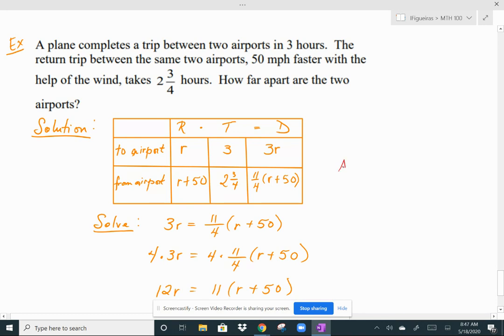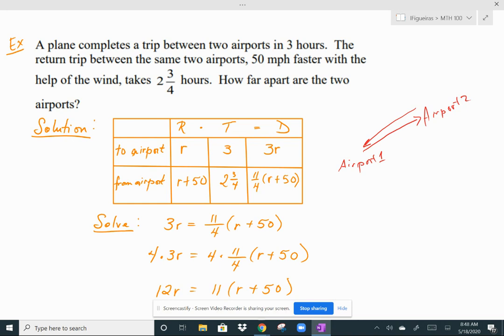So if this is airport 1, and this is airport 2, we have the plane going to this airport, but then coming back. What that means is that the distance is the same, both going to and coming back. Okay, so that's important to keep in mind.